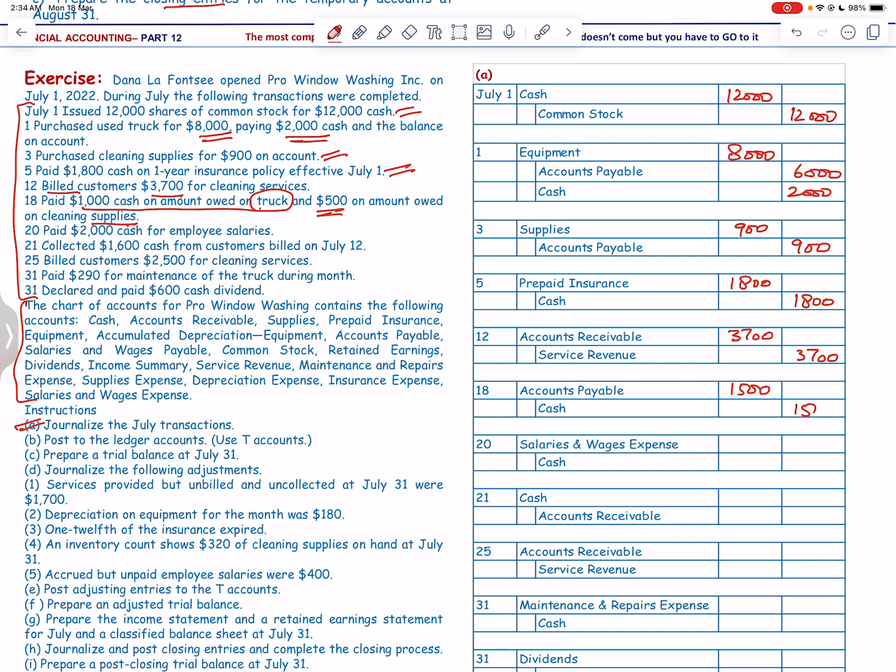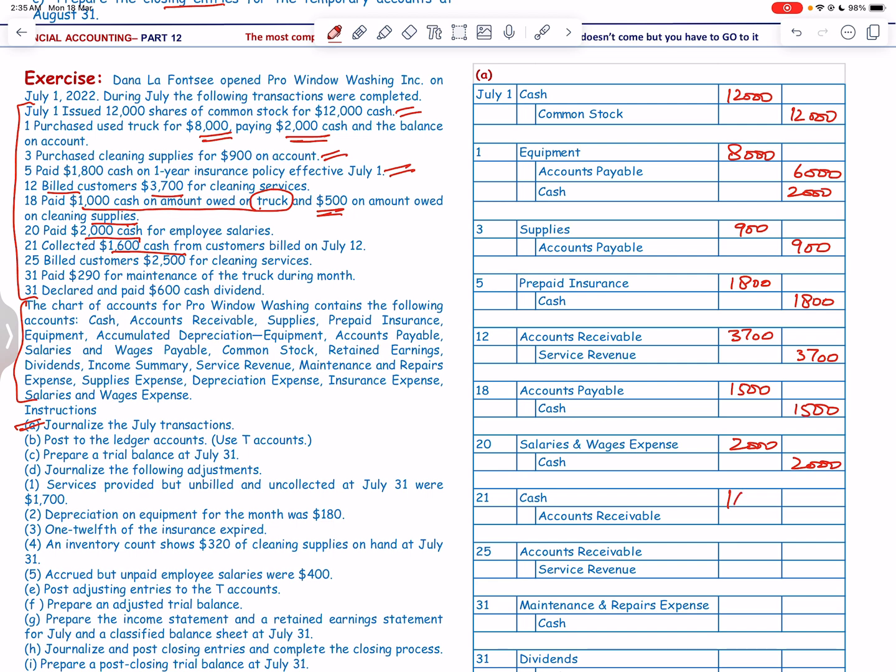So salaries expense is debited by 2,000, and cash is credited by 2,000. Then collected 1,600 cash from customers billed. So we are collecting cash. So cash is debited by 1,600, and accounts receivable is credited by 1,600.